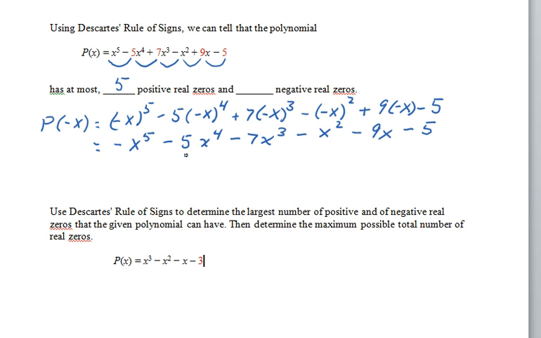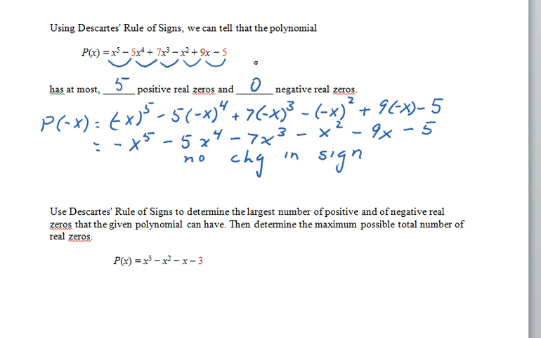Here all of the coefficients are negative. There is no change in sign. And therefore, there are no negative real zeros in this example.